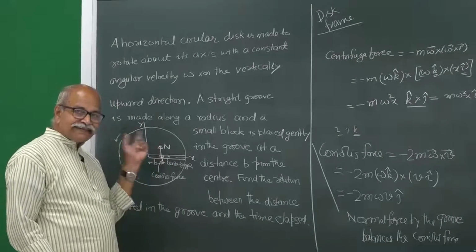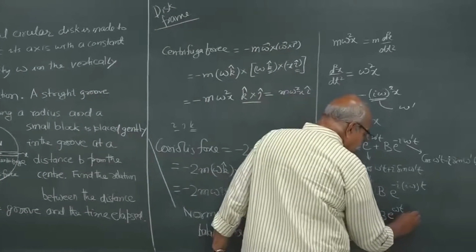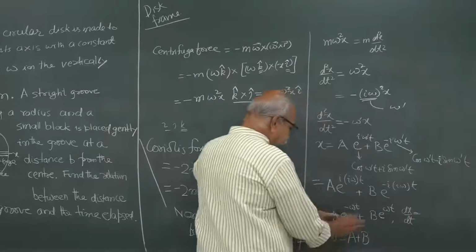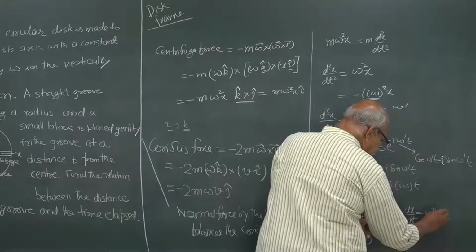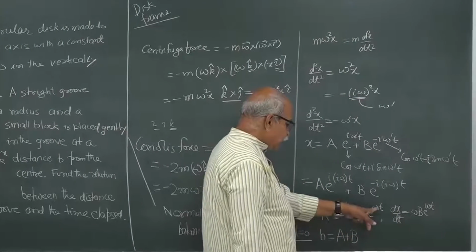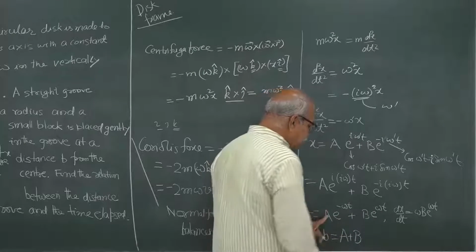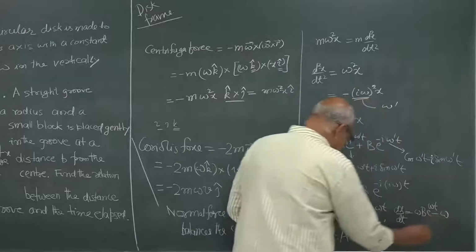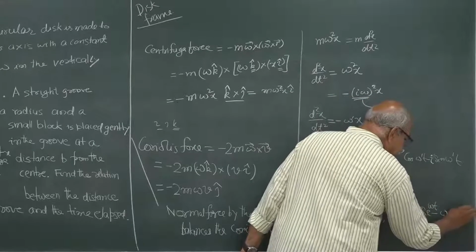So, x dot, dx/dt, is 0. If you write dx/dt, or velocity of the particle, that will be omega B e to the power omega t, I am differentiating with respect to time, and from here it is minus omega A e to the power minus omega t.